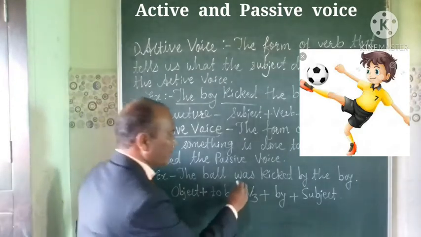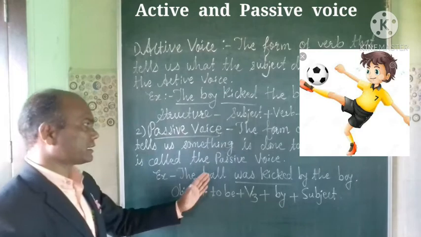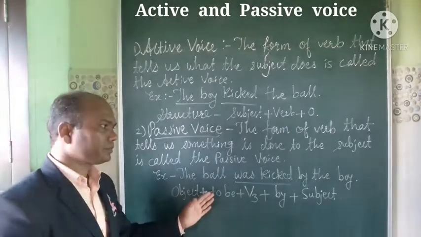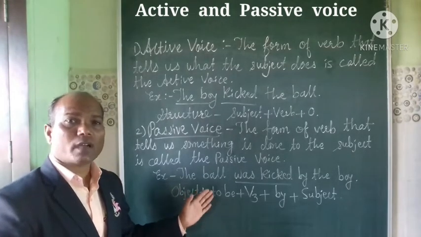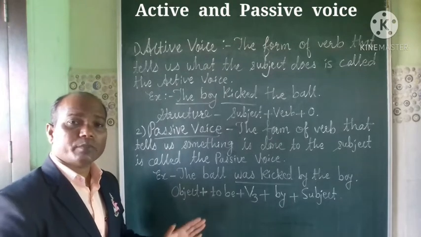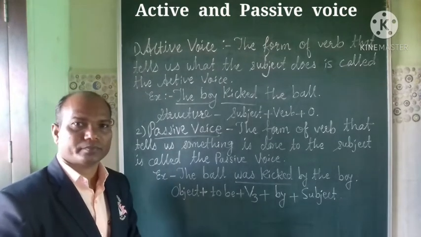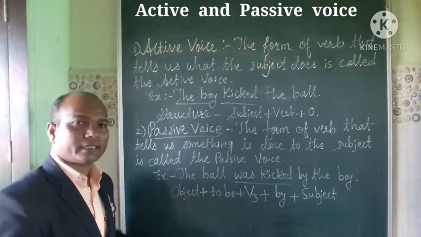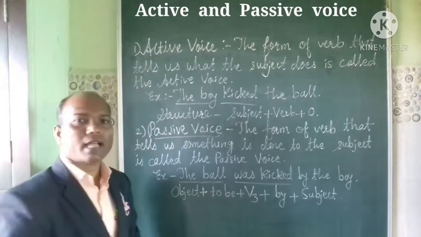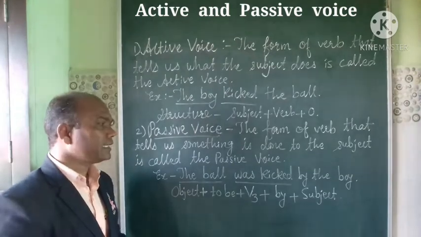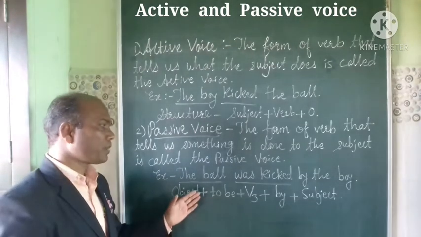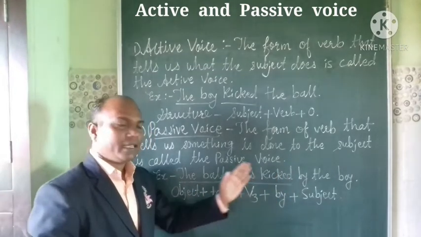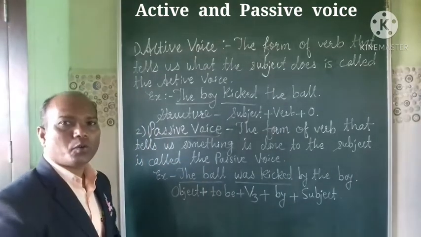Here in this sentence, the verb was kicked tells us that something is done to the subject. Here, the subject is not given the importance. The subject is not the doer of an action. The subject is acted upon. Here, the object, the ball, is given more importance than the subject. That's why the sentence, the ball was kicked by the boy, is said to be in the passive voice.